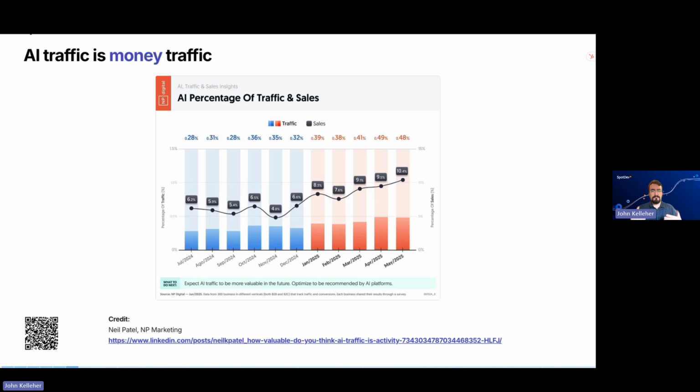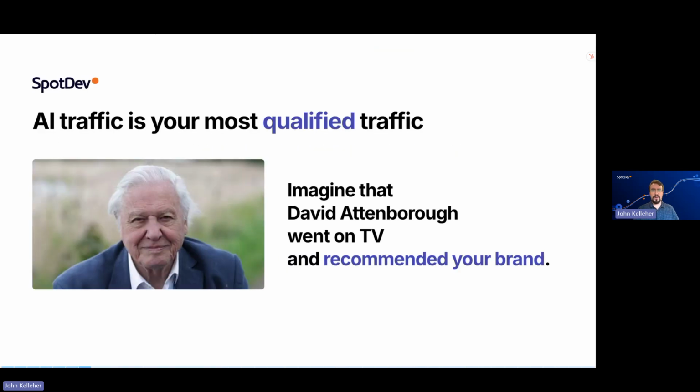And why might that be? Why is AI traffic so much more likely to convert and to become a sale? Well, that's because your AI traffic is your most qualified traffic. It's as if they've gone to someone that you feel you can deeply trust.